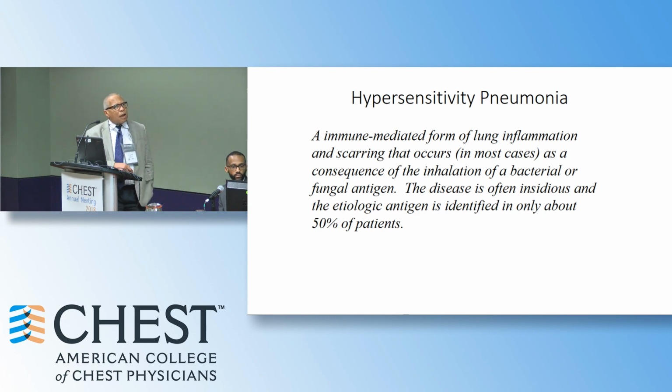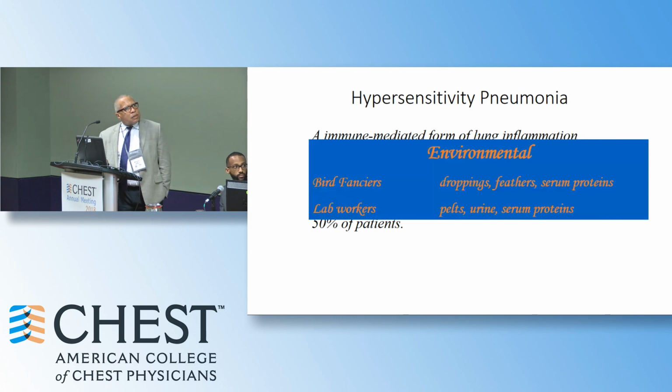So just a moment about hypersensitivity pneumonitis, which I think deserves a few comments. It is a form of lung disease that involves lung inflammation, probably as a consequence of inhalation of a bacterial or fungal antigen, although industrial exposures can also lead to this disease. What makes it challenging for us is that the easy ones are bird fanciers and lab workers. We can always get that in the history.